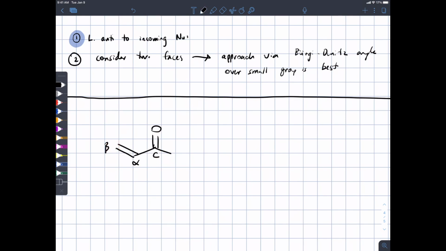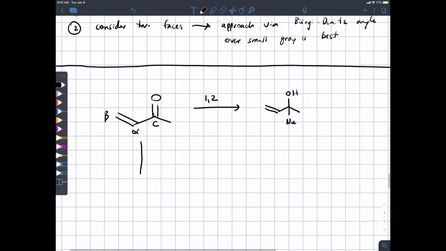And so a nucleophile can add to the carbonyl carbon. We call that 1,2 addition. And this would be the product from 1,2 addition.